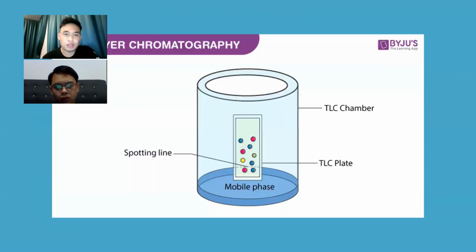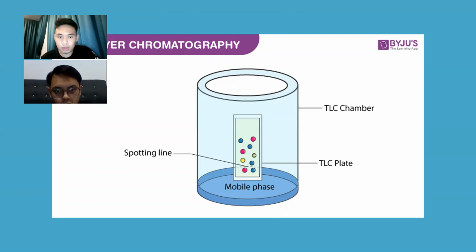So next is the diagram of TLC chromatography. As you can see here, this is the chamber for TLC. The TLC plate will dip into the mobile phase, and you can see the spotting line.